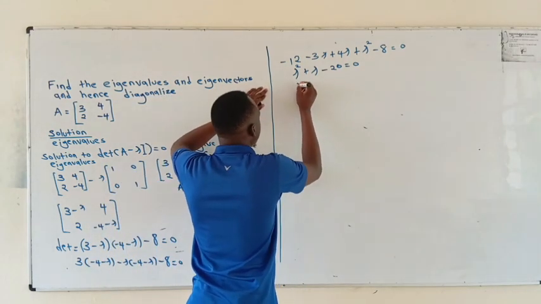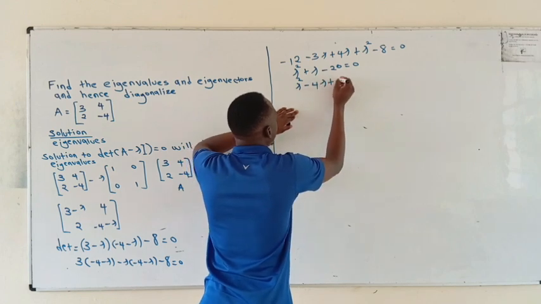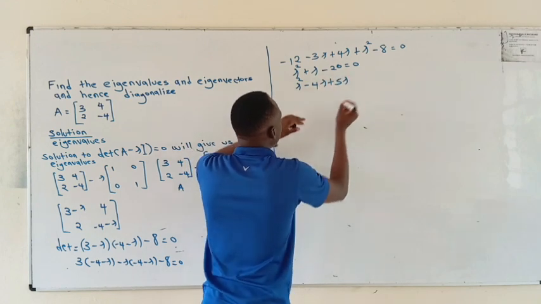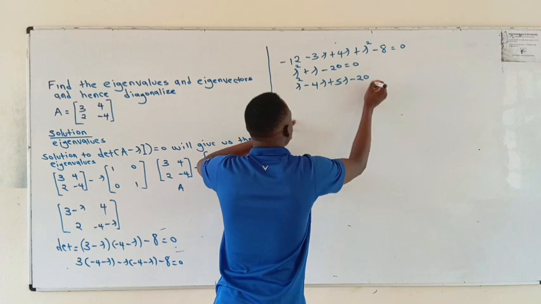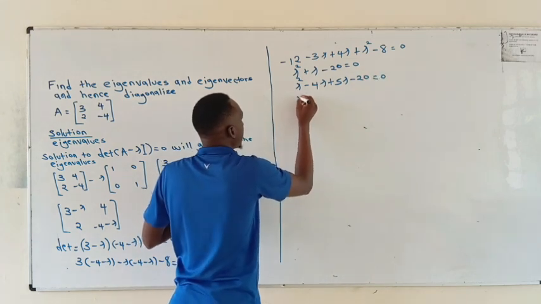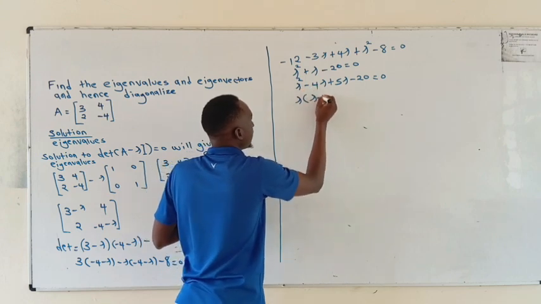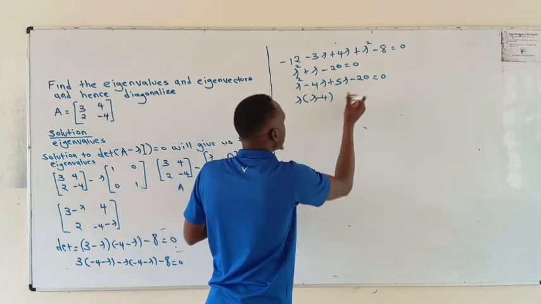So lambda squared minus 4 lambda plus 5 lambda minus 20 will give us 0. Therefore, we factorize. We have lambda into lambda minus 4. Here we factorize 5.